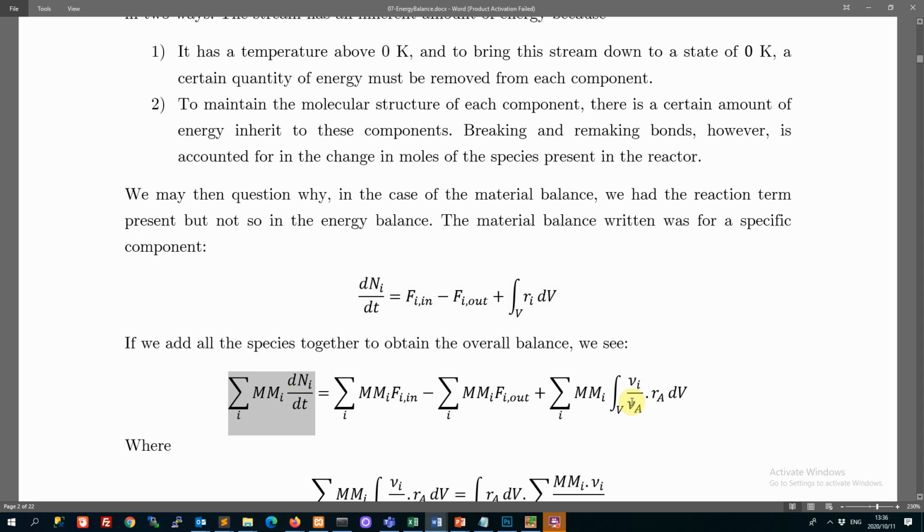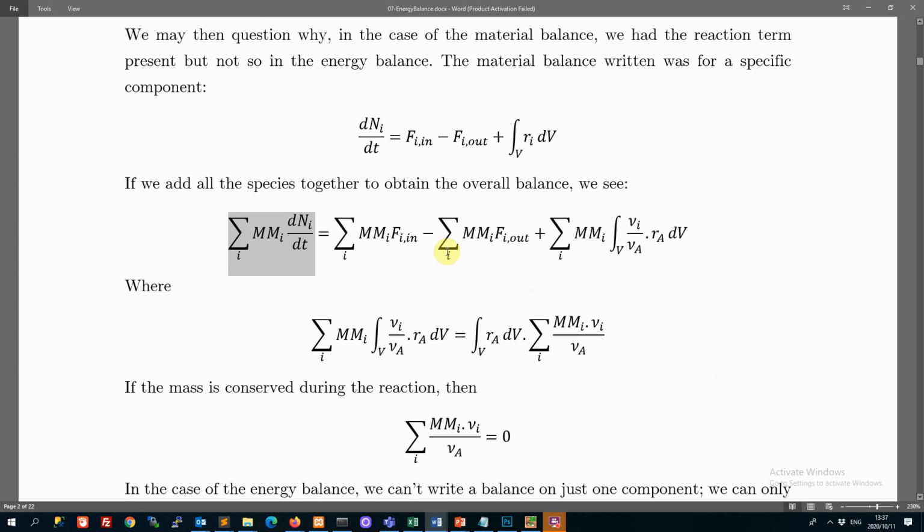And then we have to do that for each of our terms as well. So we multiply by the molar mass of I and add up over all the components in each of these terms. And well, that's just mechanical here. And then if you look at this specific term, we can of course write this slightly differently, because you'll recognize that the only I inside this integral is nu_I.